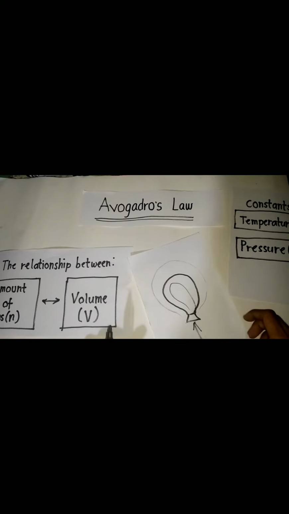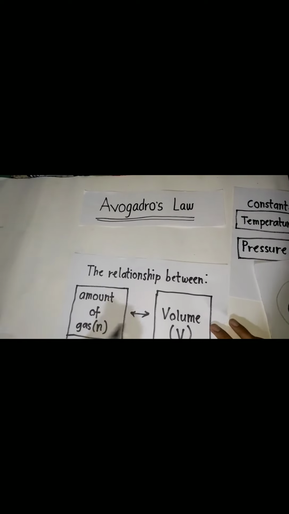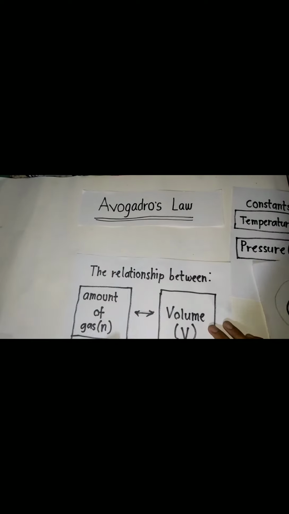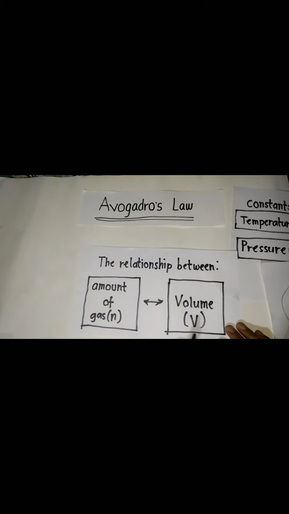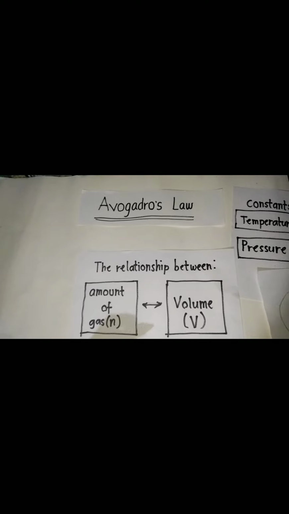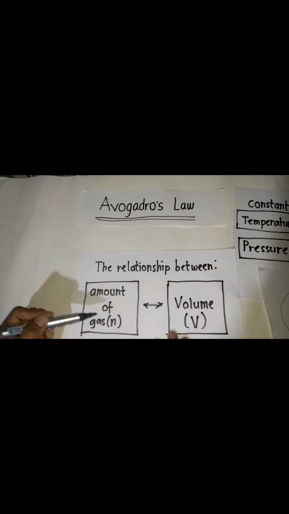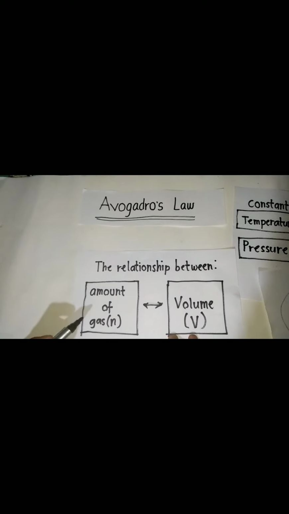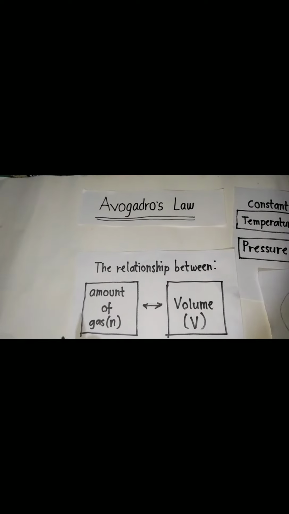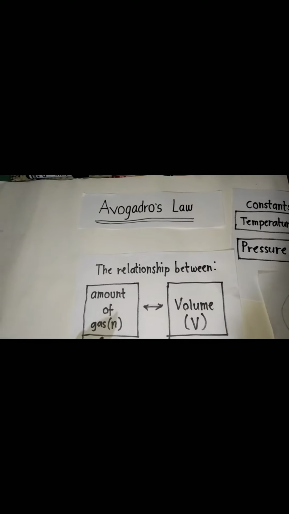This means that there is a direct relationship between the amount of gas and the volume. To make it easier to understand, as the amount of gas increases, the volume increases, and as the amount of gas decreases, the volume decreases. So they are directly proportional.